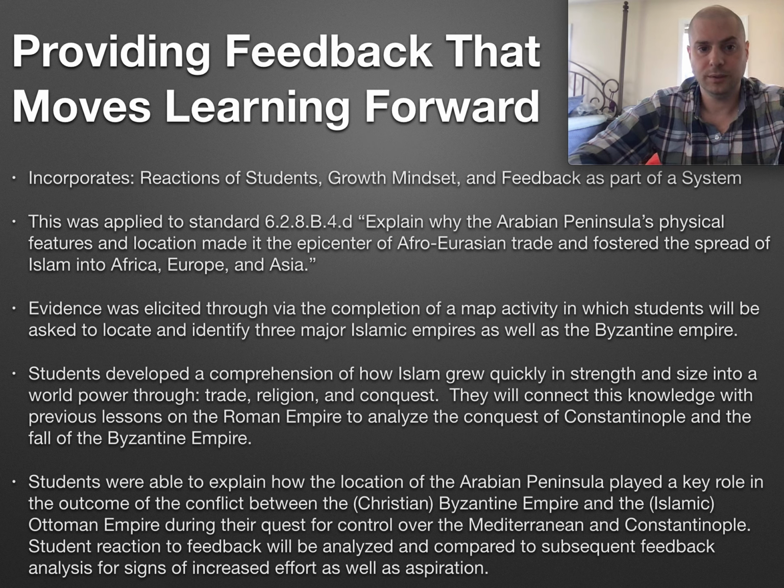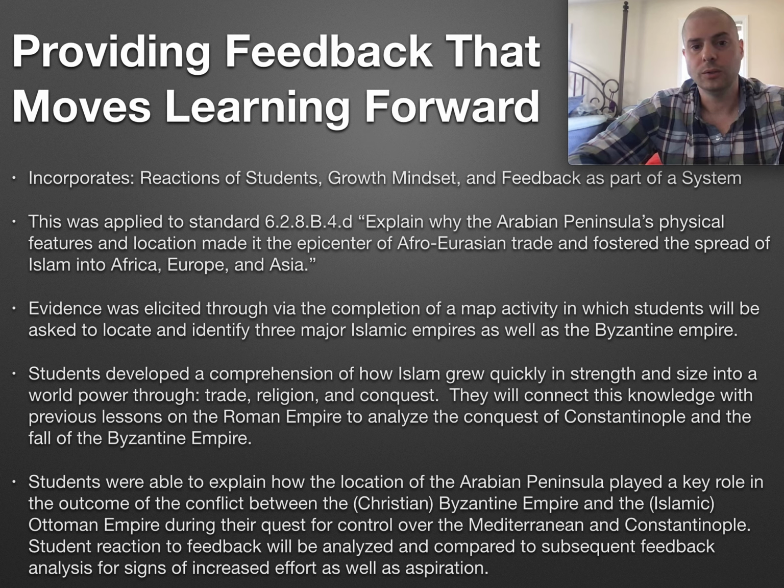When we applied this, students were to develop a comprehension of how Islam grew quickly in strength and size into a world power due to trade, religion, and conquest. They also connected this knowledge to previous lessons of the Roman Empire, and they analyzed the conquest of Constantinople and the fall of the Byzantine Empire from the side of Islam.